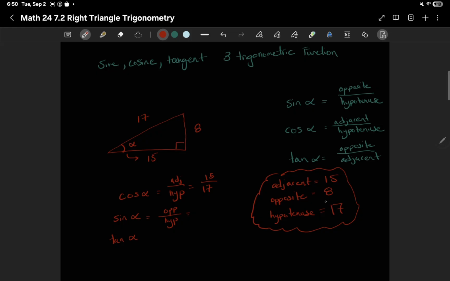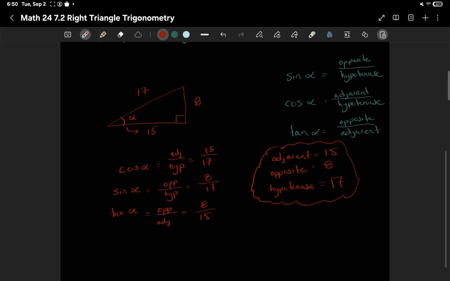Using my key, my opposite is equal to 8, and my hypotenuse is equal to 17. Tangent of alpha is equal to opposite over adjacent, and with my key, I have 8 over 15. And so there are my three trigonometric functions labeled with their values for this specific triangle.